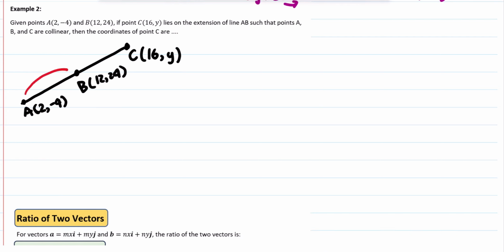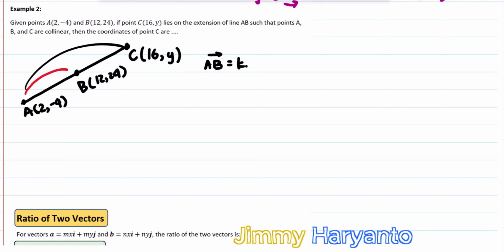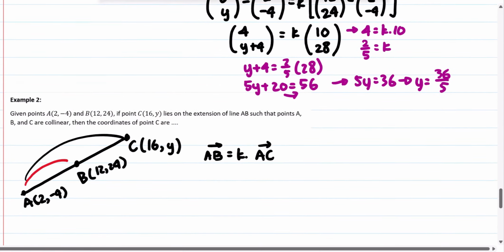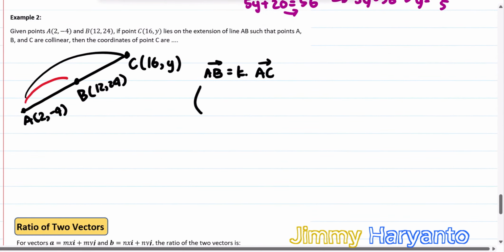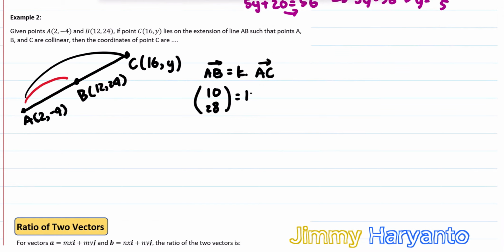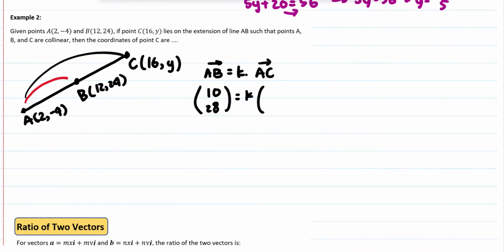Okay, so for this one, A, B, and C are still collinear. That means I have to generate the formula. The formula will be AB, I will take AB first, and then K times AC. So the AB, we already calculated this before. It's (10, 28). So I will use that answer. (10, 28) equals K times AC. The AC will be OC minus OA.